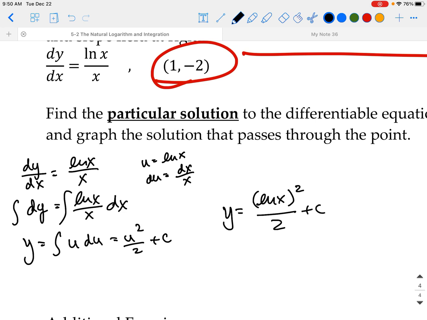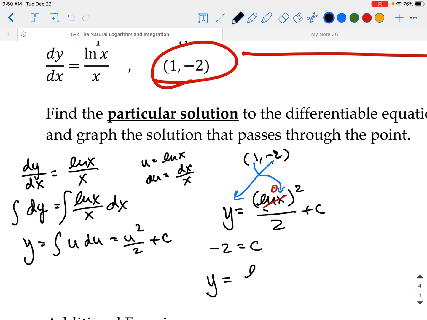And then given our point 1, -2, we can then substitute those values in. So I can substitute for y, substitute for x. And we'll quickly see that -2 is equal to, well, the natural log of 1 is just 0. So this is just going to be 0, which means we get c is -2.